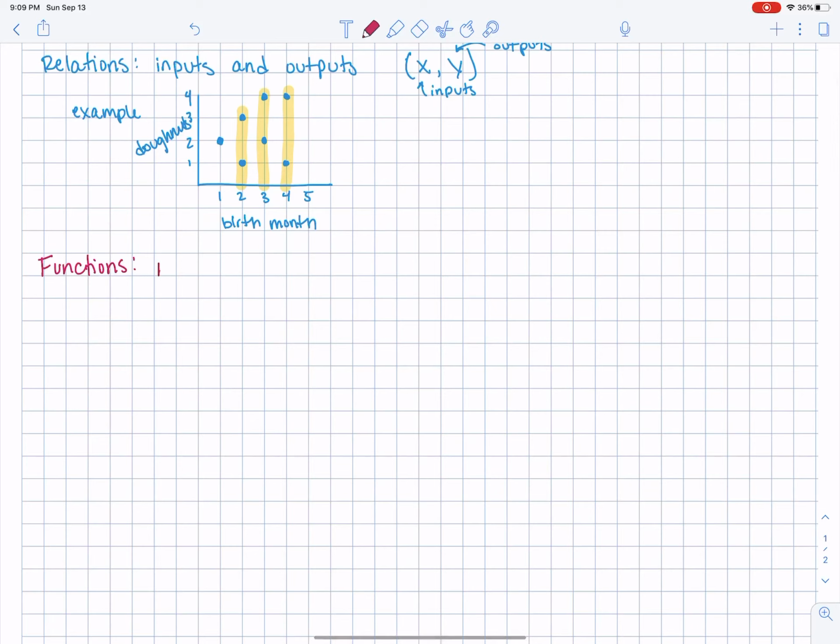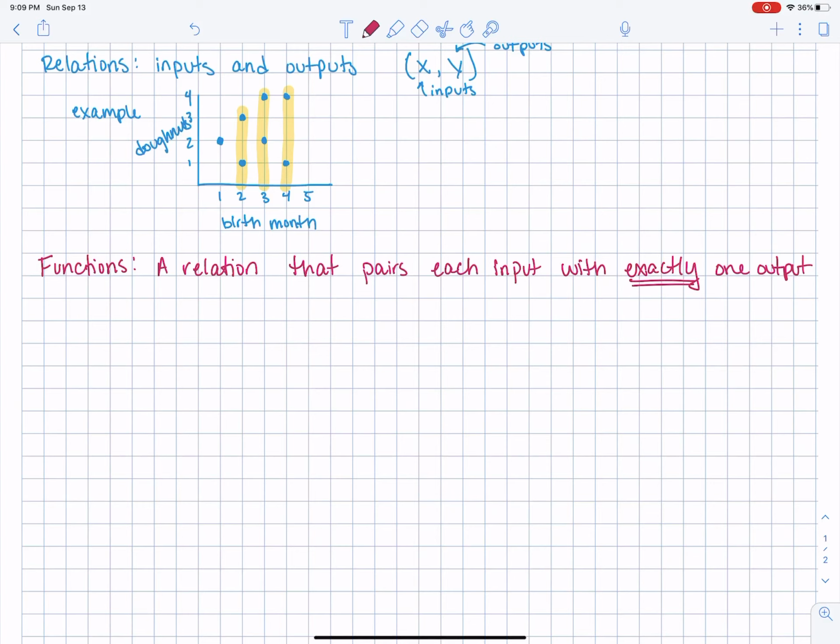So a function is a relation that pairs each input with exactly, and underline exactly, 1 output. So a function is a relation that pairs each input with exactly 1 output.